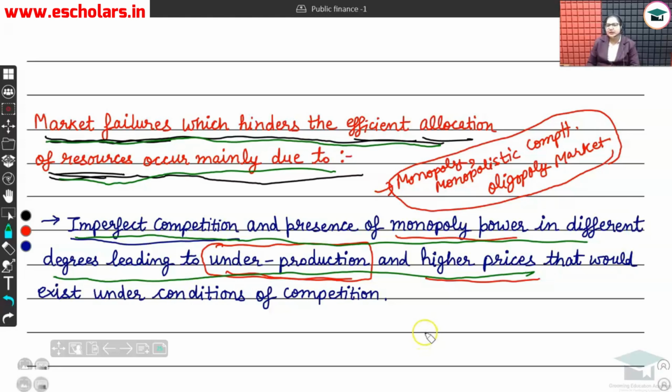There is basically less monopoly power in monopolistic competition and oligopoly markets as compared to the monopoly power enjoyed by the seller in a monopoly market. But yes, the sellers of all the markets enjoy monopoly power, which basically leads to underproduction and higher prices than would exist under conditions of competition.